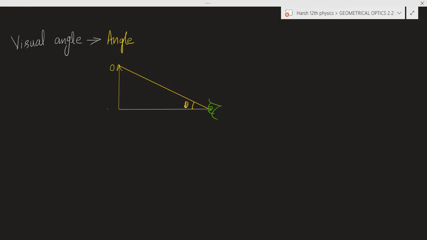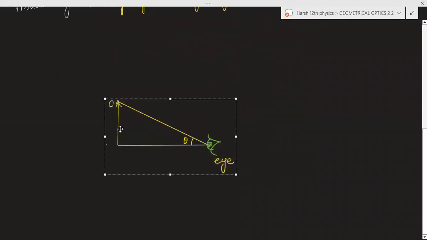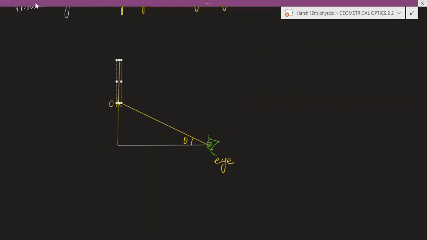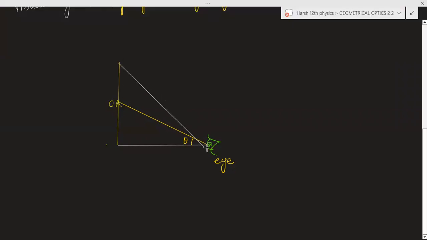This is the visual angle. Okay, one more thing here. In case of the visual angle, if the height of the object increases, then the visual angle will also increase. You can see here, if I am increasing the height, then this angle theta will increase.